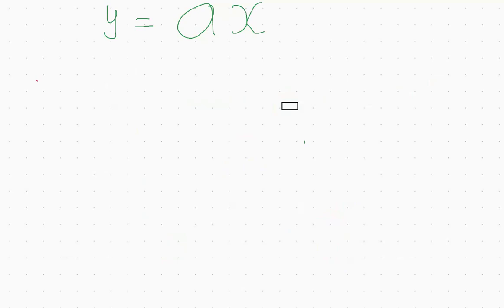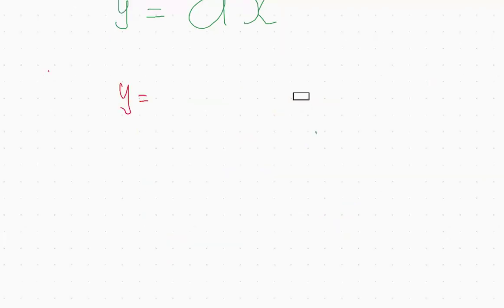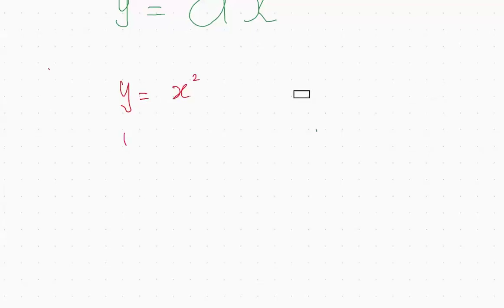The first one: y equals x squared. y equals 5x to the power of 4. y equals minus 4x to the power of 5. Then y equals 2x to the power of minus 4. You can have a go on that, then I can come and solve it for you.